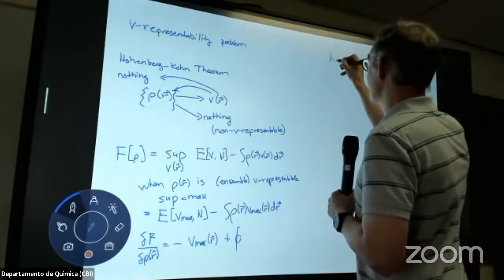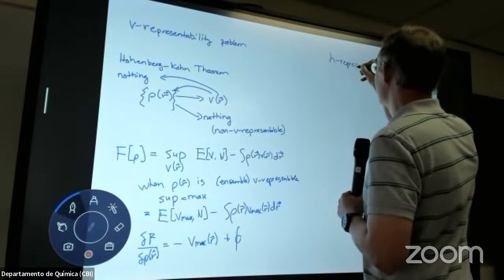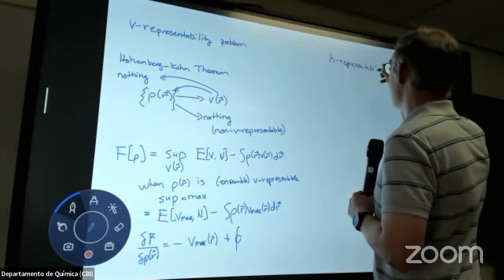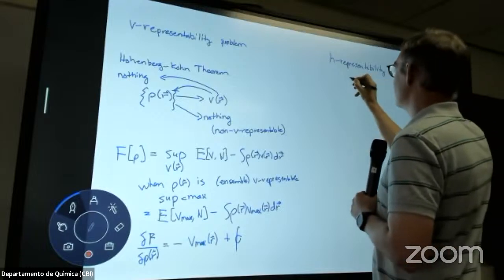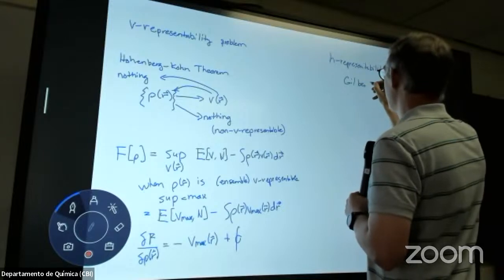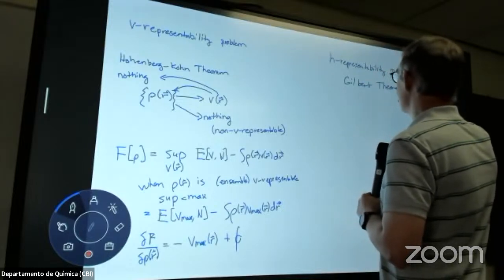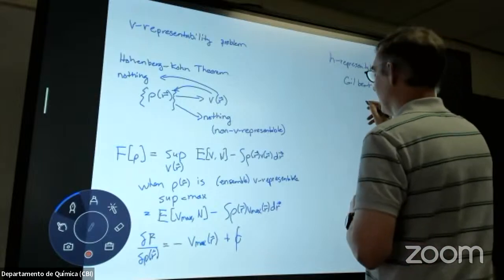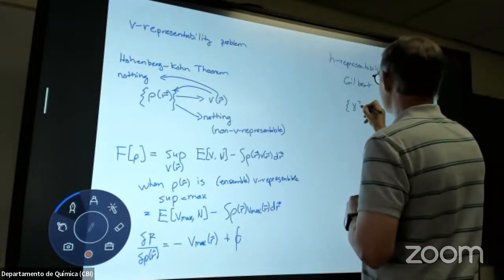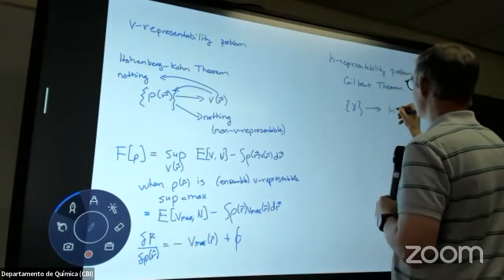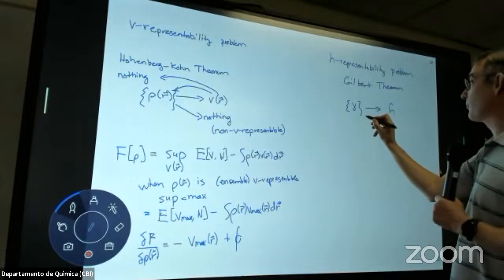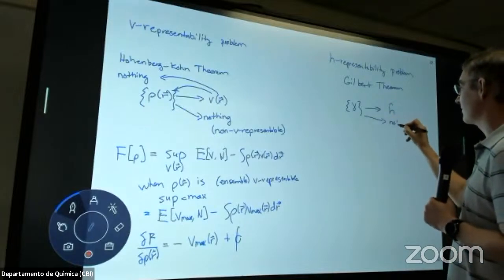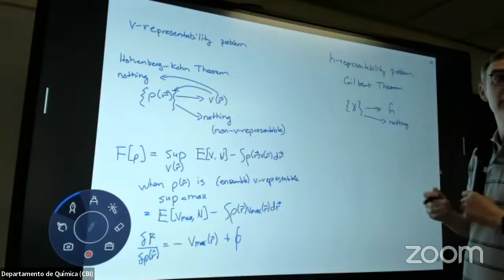So here we're going to call something the H representability problem. The analog of the Hohenberg-Kohn theorem is from Gilbert, and there are one-body operators that go with some density matrix. So if you give me a density matrix, I could find a one-body operator, but it's also possible that there's nothing, right?